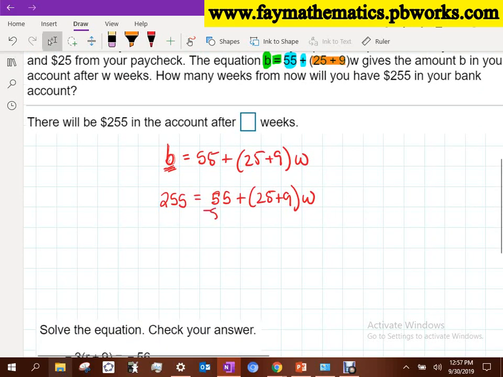So I'll subtract 55 from both sides. That's going to be 200 is equal to, now this just turns into what, 34 W's?